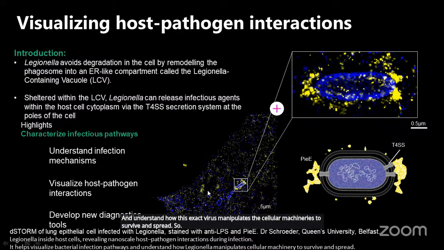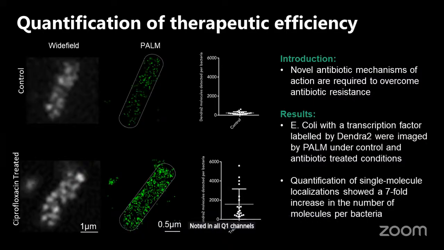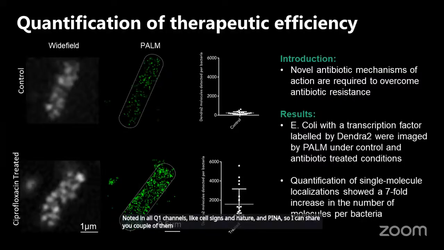So this is one publication. I can share a couple of publications later. There are more than 44 publications on bacteria research, noted in Q1 journals like Cell Science, Nature and PNAS. I can share a couple of them after this presentation.